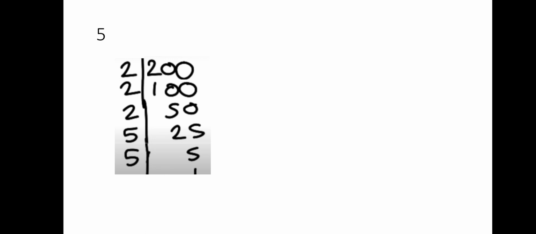Because we now reach 1, we stop the division there, and then the answer would be the multiplication of all of these numbers on the left. So we do 2 times 2 times 2 times 5 times 5. Because we need to give an answer in index form, we need to simplify this. So that would be 2 cubed times 5 squared.